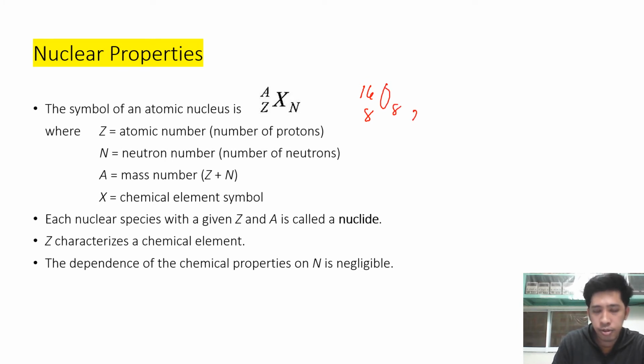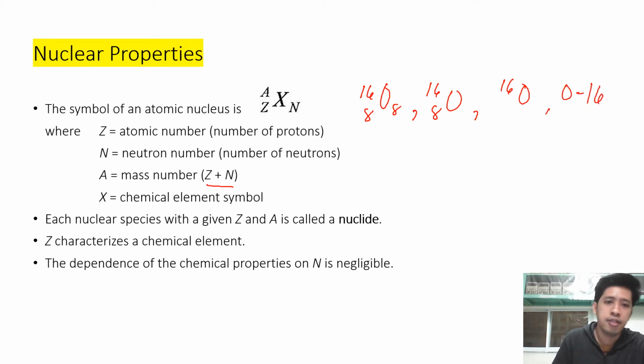But you can also use 16 and 8, because you just know that Z plus N is equal to 16, so you can actually omit the 8. For well-known elements like oxygen, we just write 16O.